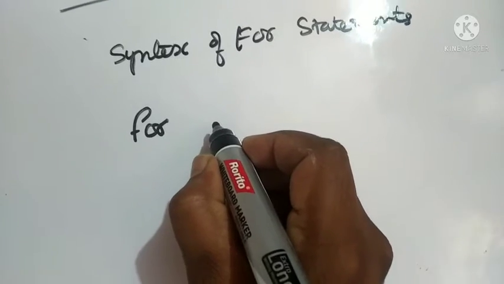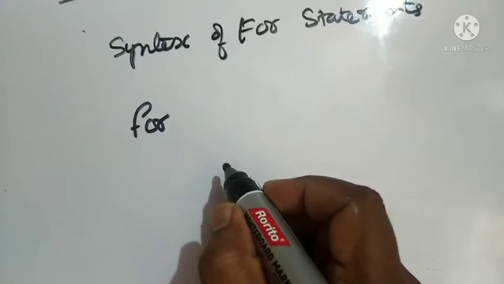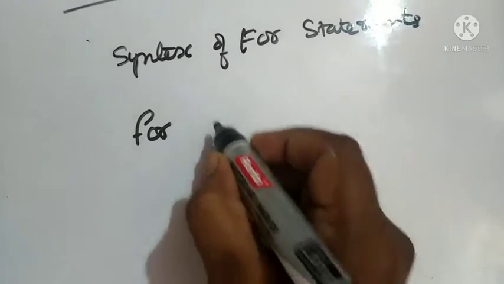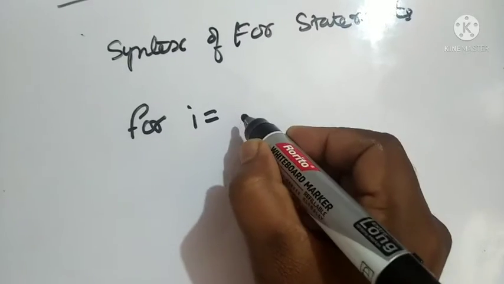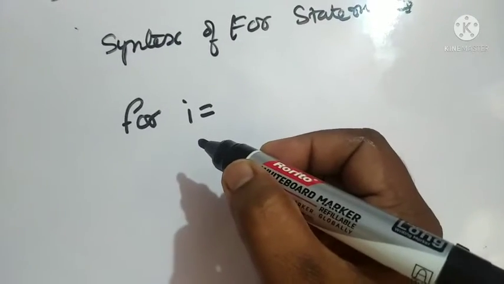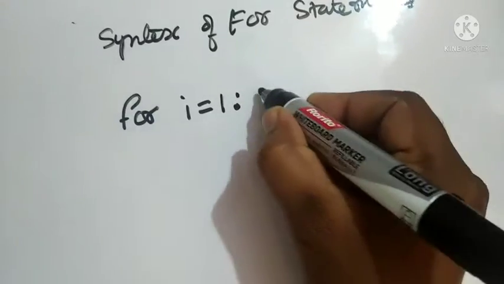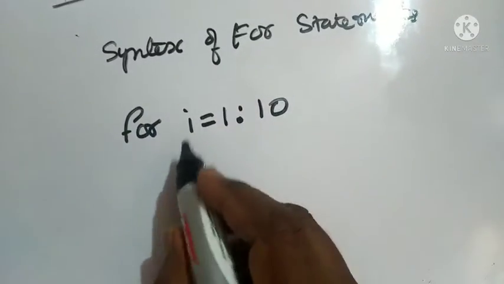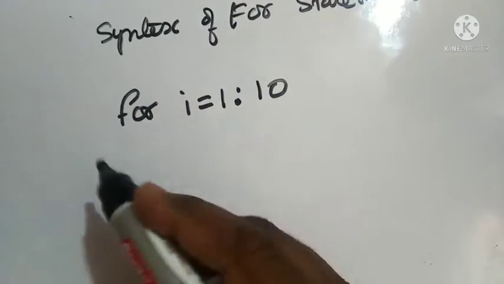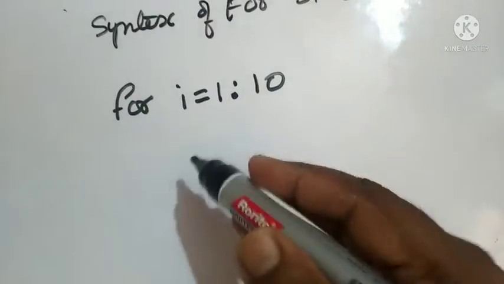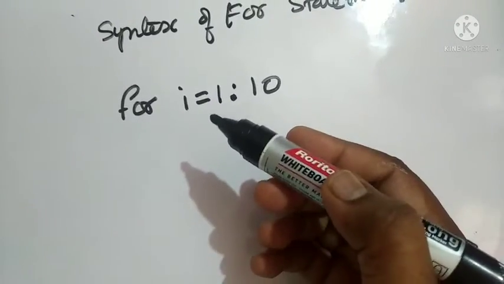For example, if I want to repeat it 10 times, I can use any variable here to keep track of the number of iterations. So I = 1:10 indicates that this for loop will execute 10 times. In each iteration, that is, in each round of execution, the value of I is incremented by 1.